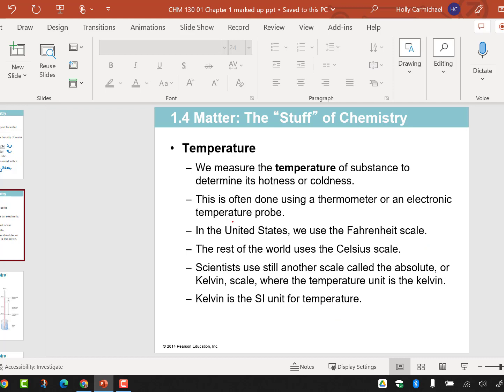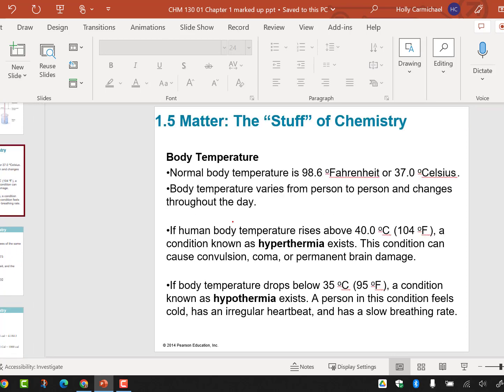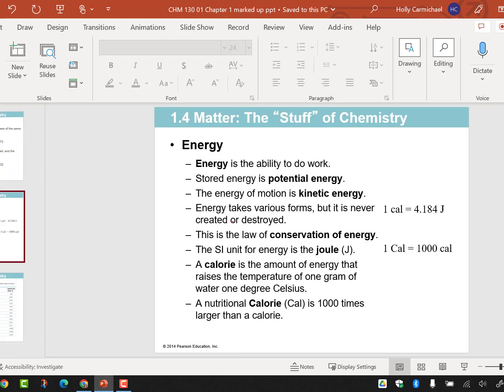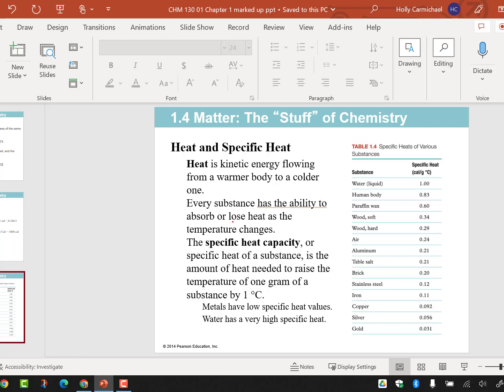We will talk about Celsius versus Fahrenheit, and then mention Kelvin that we will use later on, and then finish why body temperature is the way it is. Then we finish up with some of the measurement values that you'll see with energy, because we will talk about that some in chapter 5. That finishes up what they call specific heat. So there's really just a little bit of theory to finish in chapter 1.